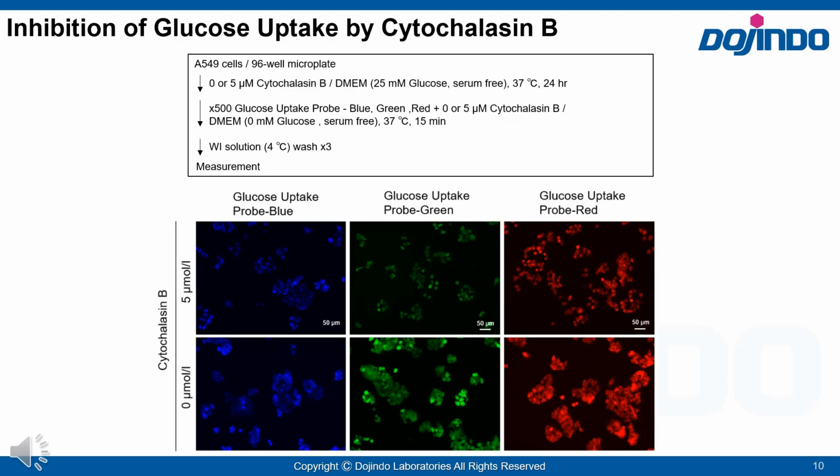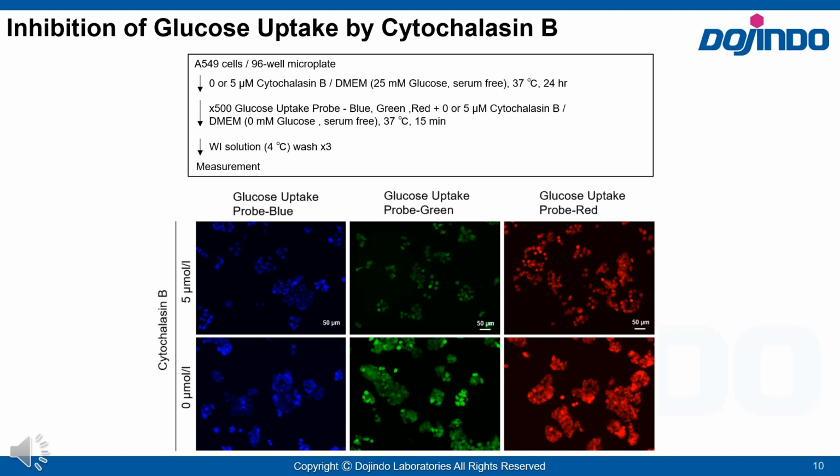Here are the results obtained from using cytochalasin B, a glucose transporter inhibitor, on HepG2 cells. After incubating the cells in serum-free media containing 5 micromolar cytochalasin B for 24 hours, we observed the glucose uptake ability using the 3-colored versions of our probe.